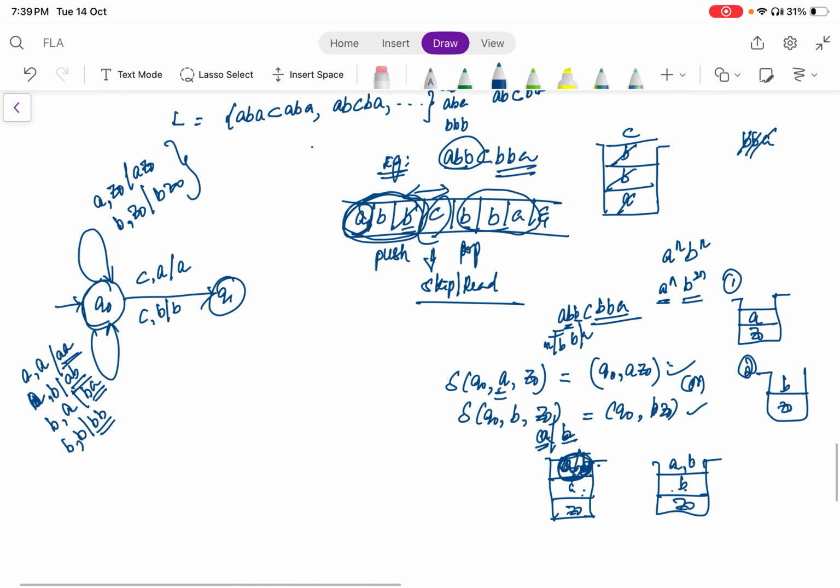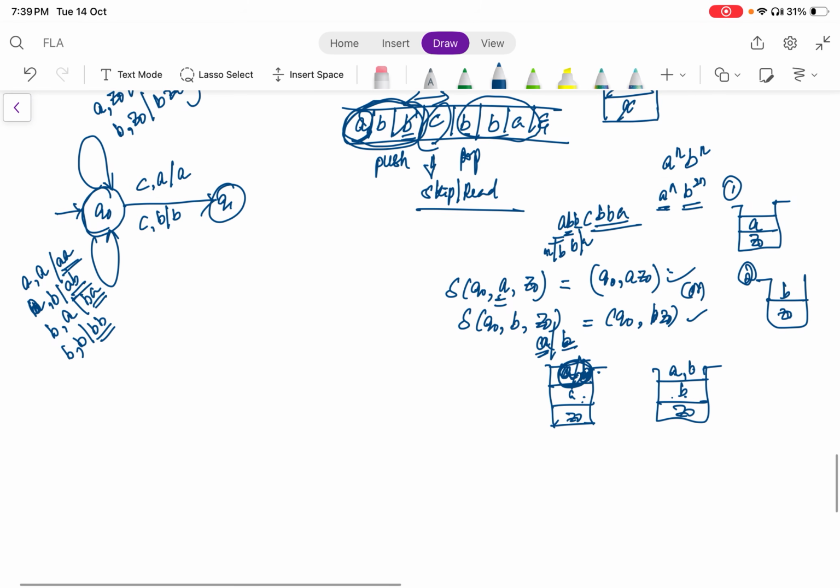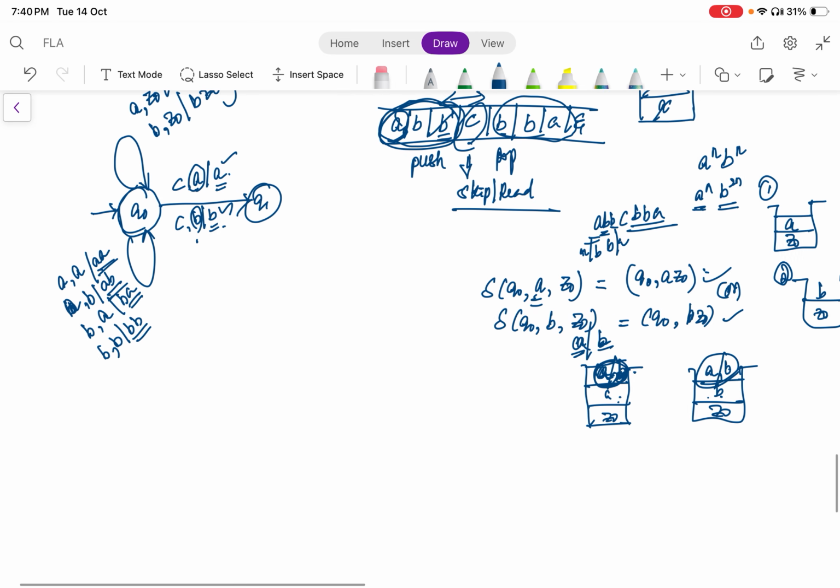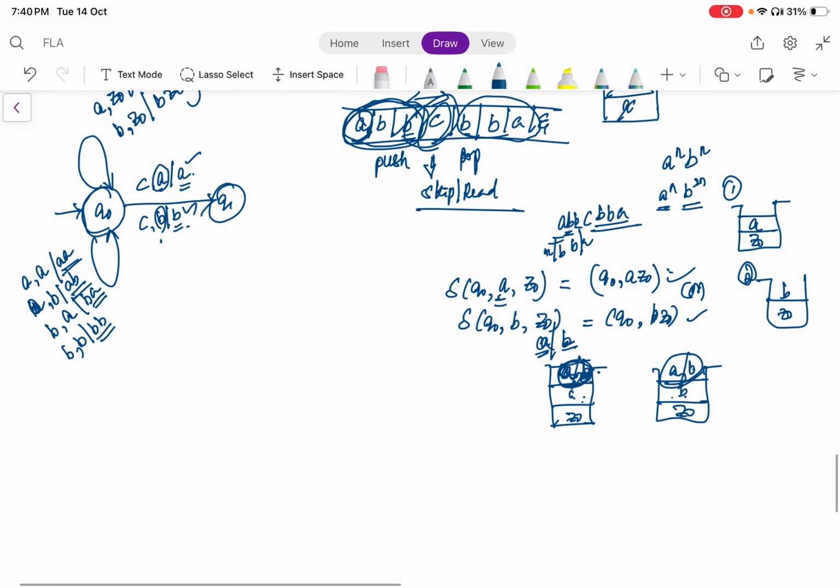Now you have moved on to the next state. Your stack top can either be A or B, and the input can be A or B. That's why we write only these two transitions to skip the center marker C.